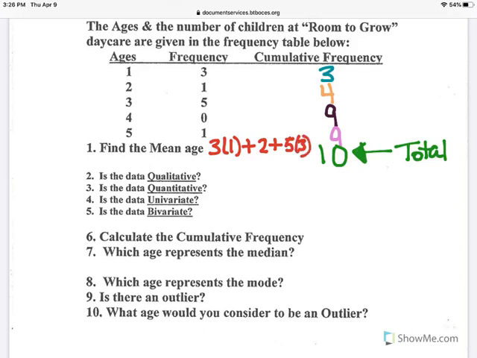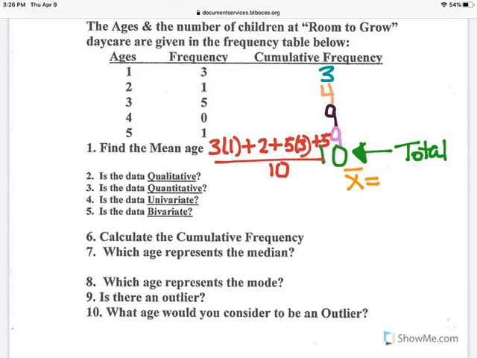You wouldn't have to add in the 4-year-old because there is no 4-year-old, and then plus 1 5-year-old, all divided by, there are 10 kids total. So if you add those numerators together, you should end up with the number 25.